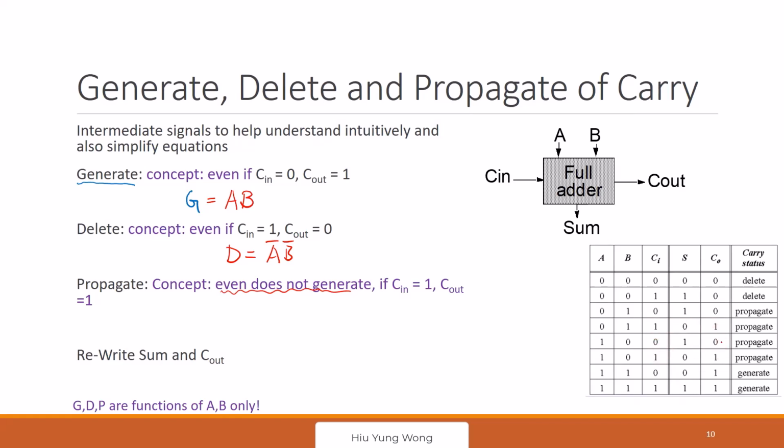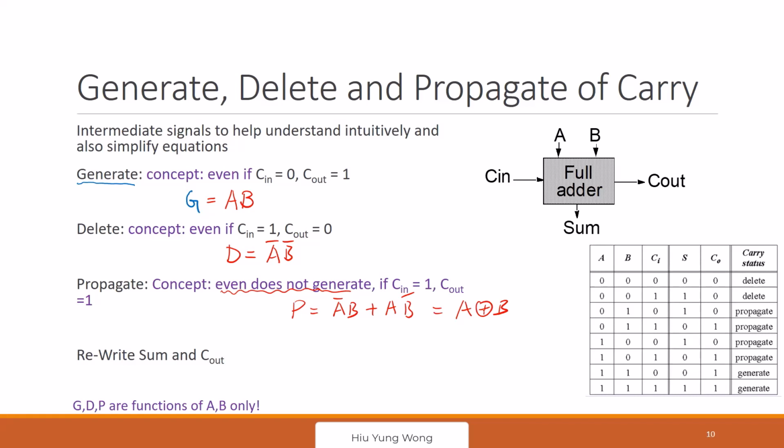So some combination is going to bring the C in to C out. And of course, you also know that is when A bar B or A B bar. And this is nothing but A exclusive-OR B, right? So whatever you have at the input, I will propagate to the C out.